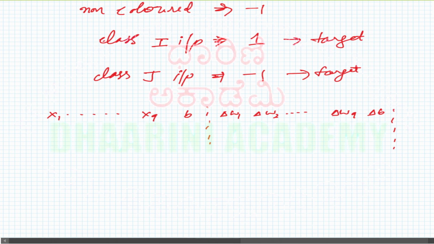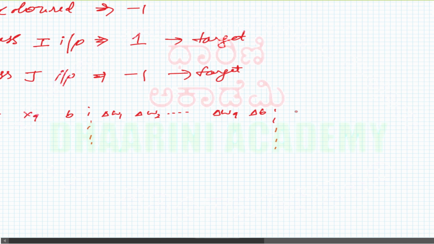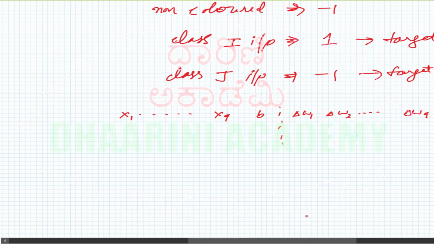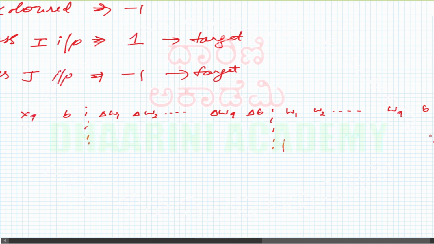And on the right side, you write the values of the weights, that is w1, w2, up to w9 and b. This itself is what has been asked. So you give these inputs and find out the final values of the weights and bias. That's the question.